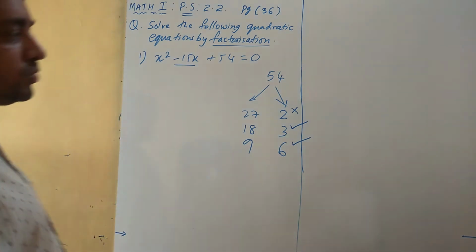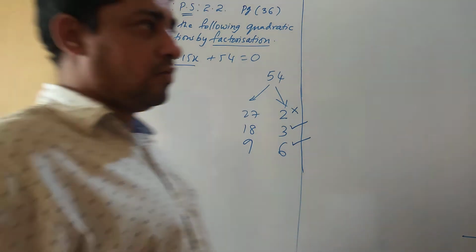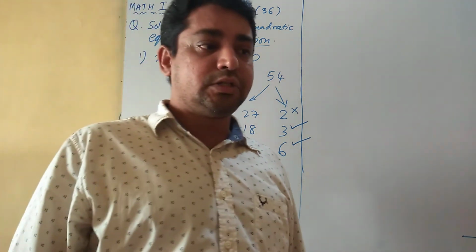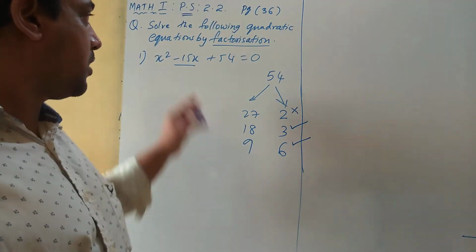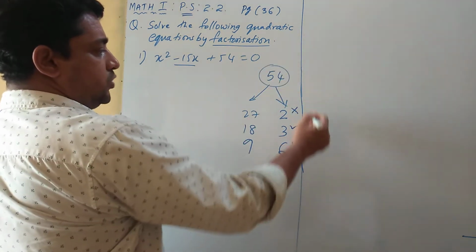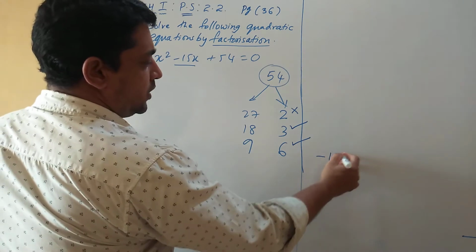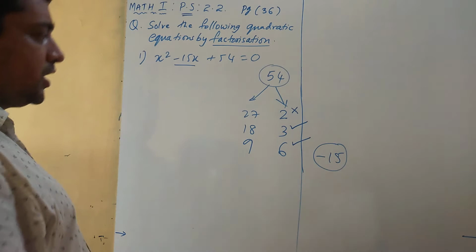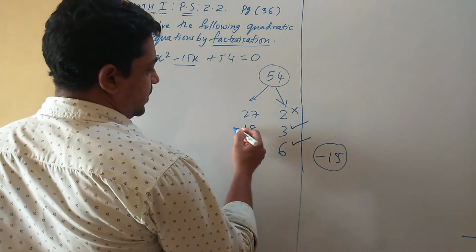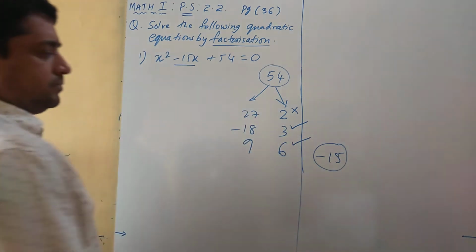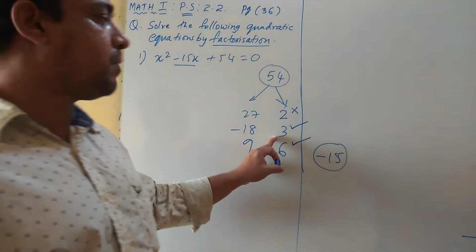So what is to be done? For that we will use the addition and subtraction of integers. Let's check. I told 54 as product, but I should also get minus 15 as the sum. So here, suppose I am taking minus 18 plus 3.